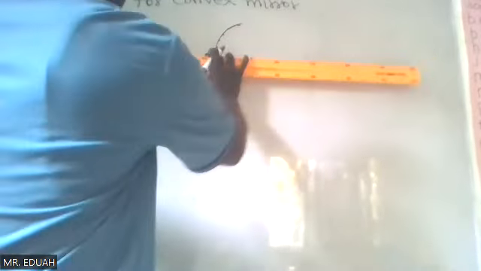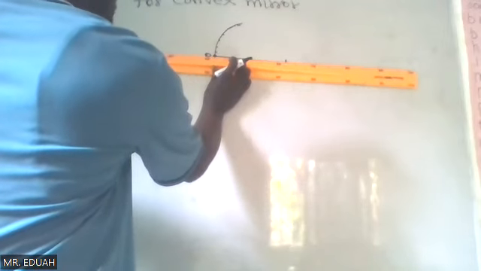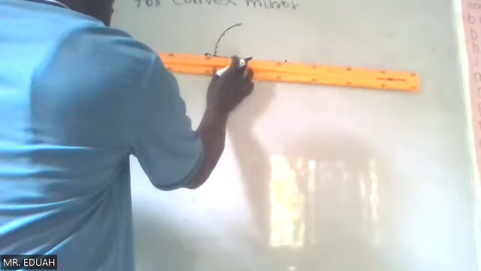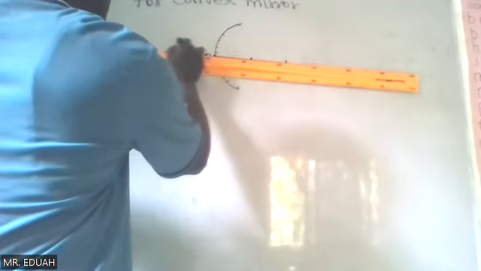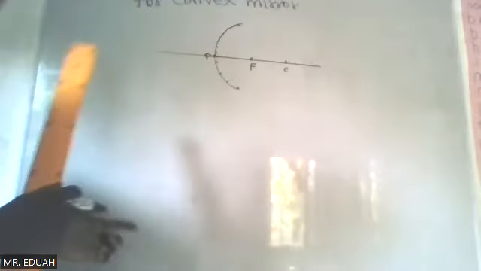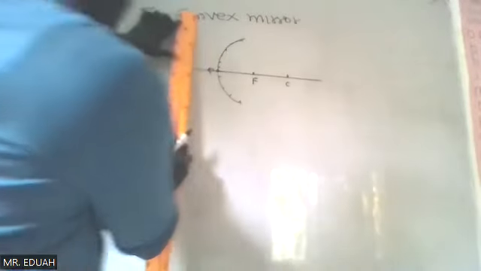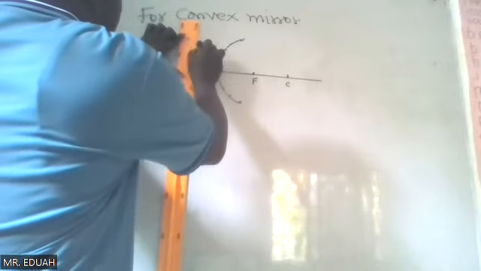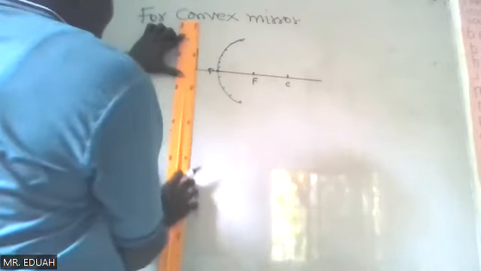Let me extend the principal axis in front. The object is always placed in front of the mirror. So this is my object.